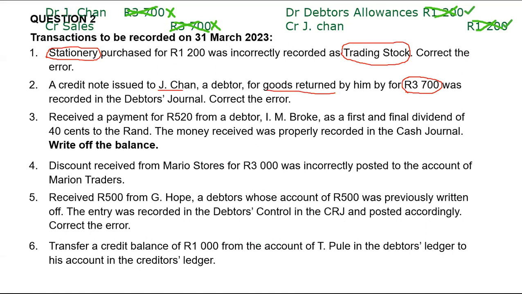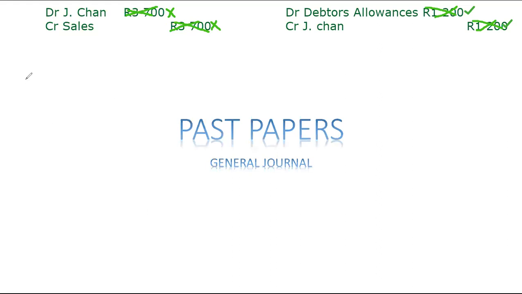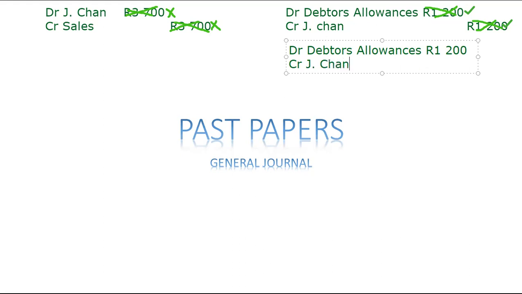And the correct entry that you make for goods that were returned is this. When goods are returned, what would you debit? You will debit debtors allowances by 1,200, and then credit J. Chen by that 1,200.